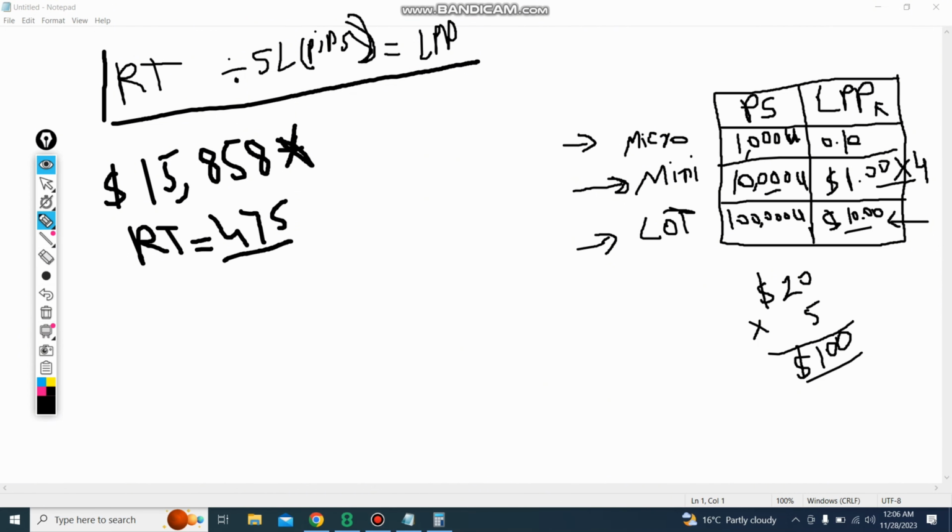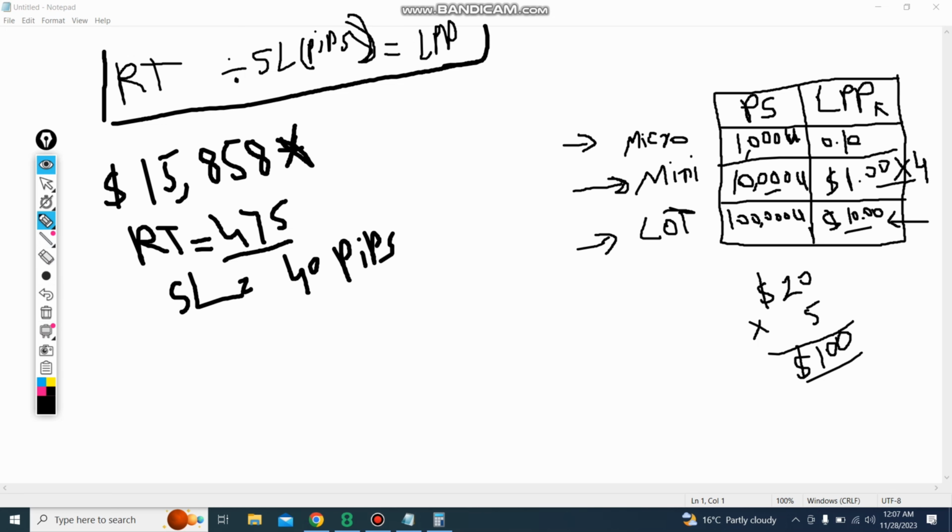So we now have RT, or our risk tolerance, of $475. We now have a stop loss in pips, let's say of 40 pips. Just making up the trade here, we have 40 pips as a stop loss. Now do the equation to figure out what your LPP needs to be.